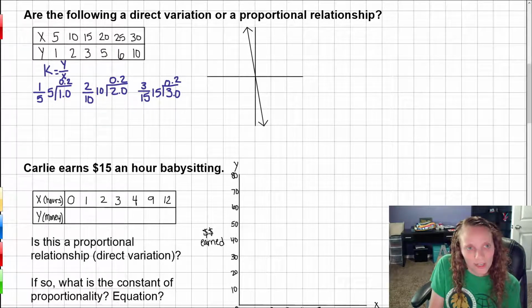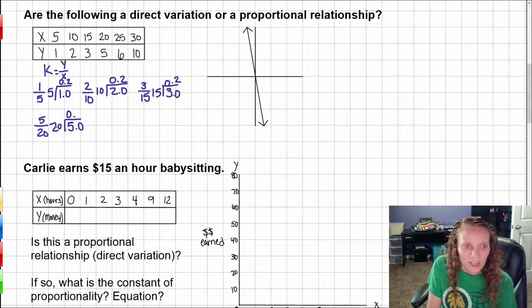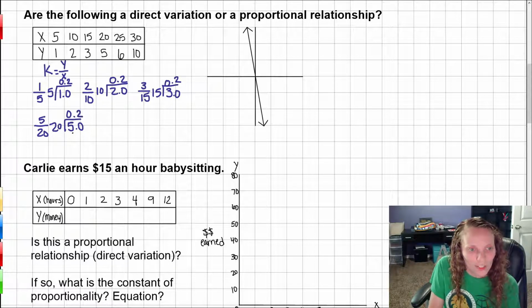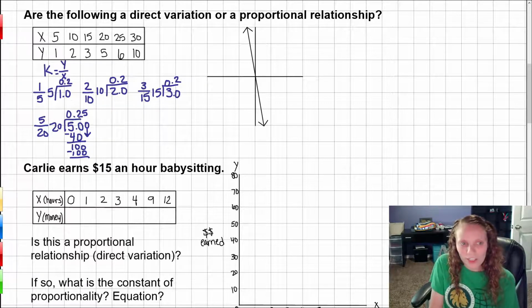The next one would be 5 over 20. First number in, last number out. 20 does not go into 5. Add a decimal and your zeros. 20 goes into 50 2 times. 2 times 20 is 40. When we subtract, there's 10 left over. Add a 0, bring it down. 20 goes into 100 5 times. 5 times 20 is 100 exactly. And then we got 0.25 here.